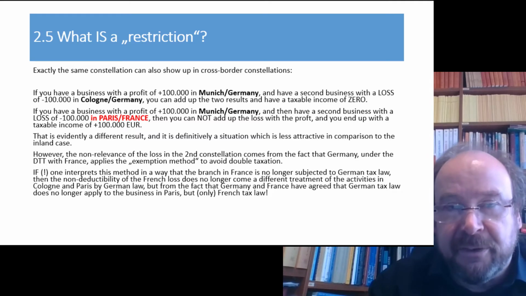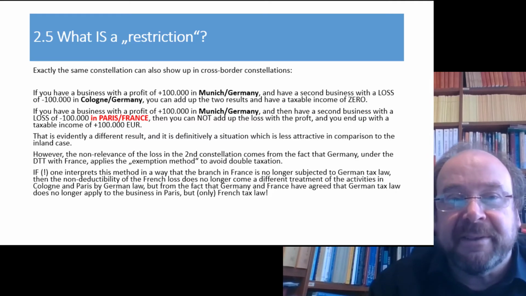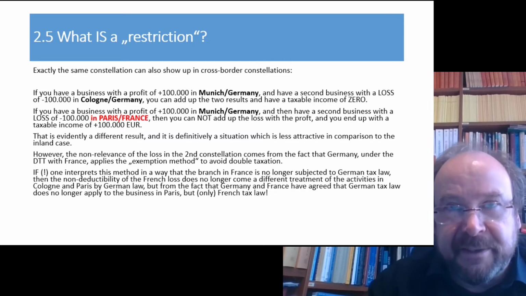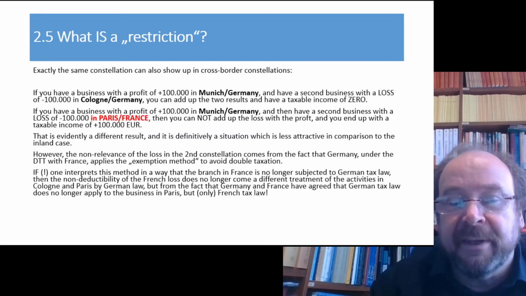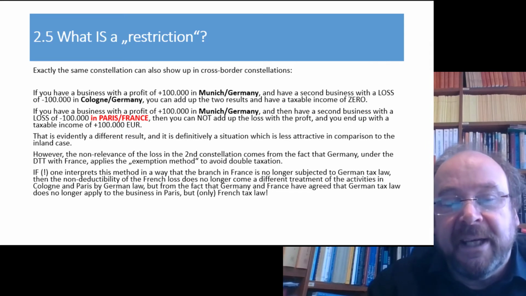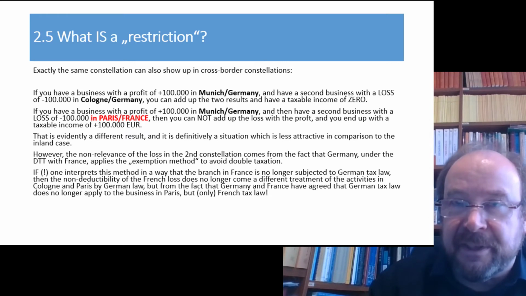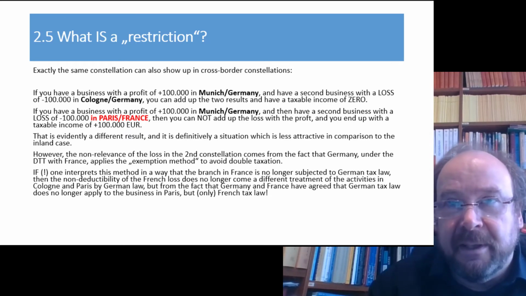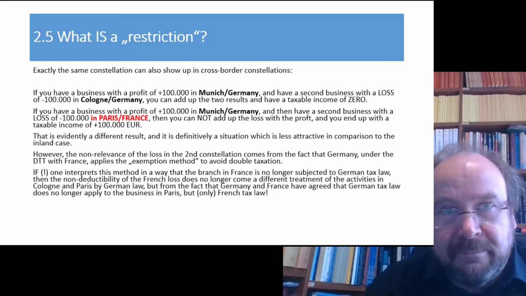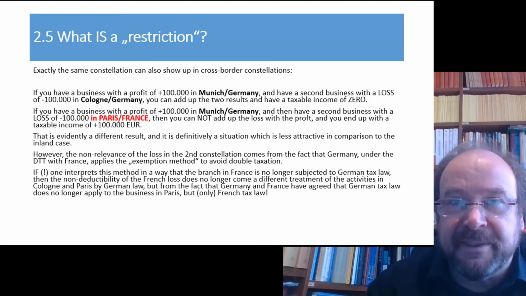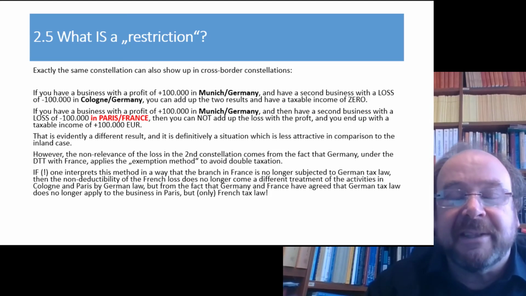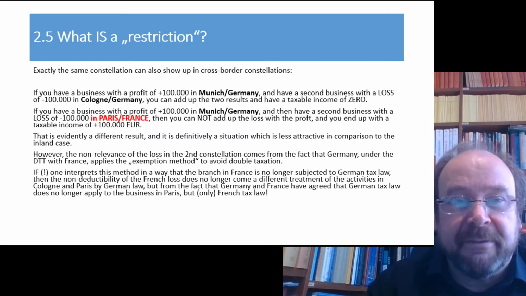If you interpret the exemption method in this way, Germany renounces its right to legislate on the foreign PE in the tax area, then taking the foreign loss no longer into account just follows from the decision that German law does no longer apply to the French PE.